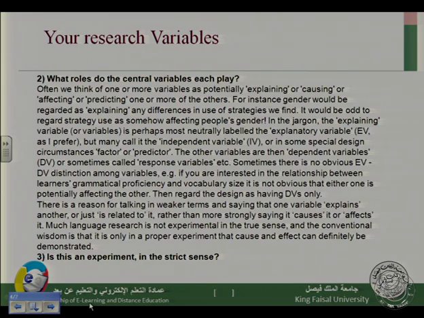This is just to give you the names of these variables, so whenever you meet them while reading an article or a piece of research, you know what they are talking about. You don't say, well, Dr. Abdullah did not introduce these names to us. The other variables are then the dependent variable. You can read the rest of these, because I don't want to be repetitive.